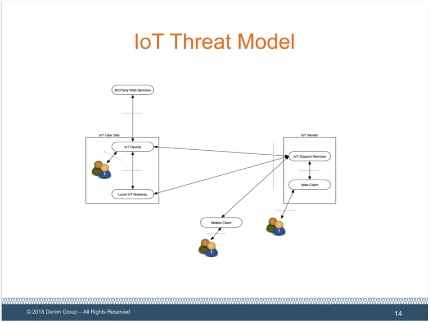So, again, for those that are familiar, you see where the devices are, the systems that are part of the system. You have where the IoT vendor exists, the IoT user site, third-party services. Where the red lines exist is where trust boundaries exist and where data is flowing. There's a mobile client in there.